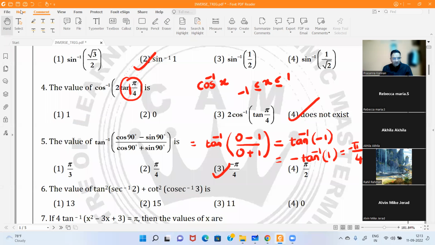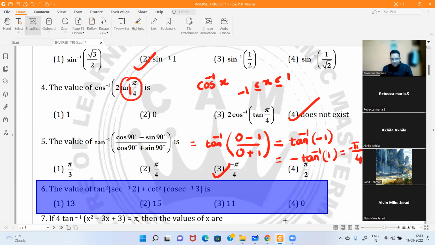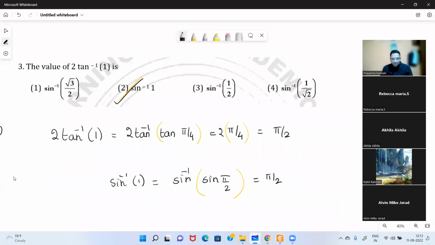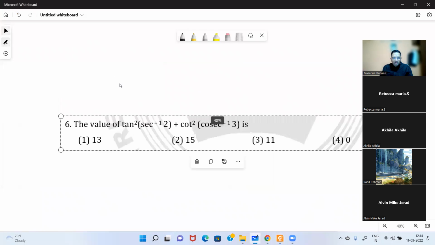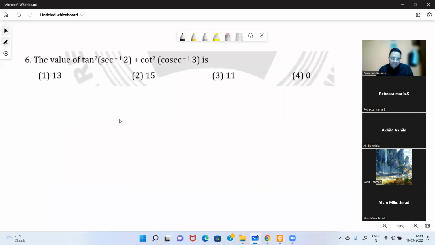Let's look at the next question now. What is the value of tan square secant inverse 2 plus cot square cosecant inverse 3? Clear? Let's do it separately, okay?